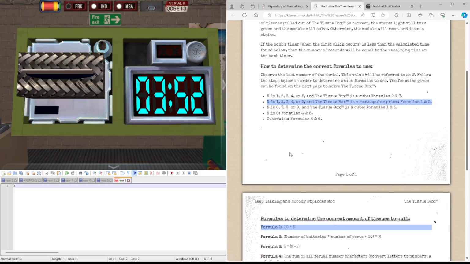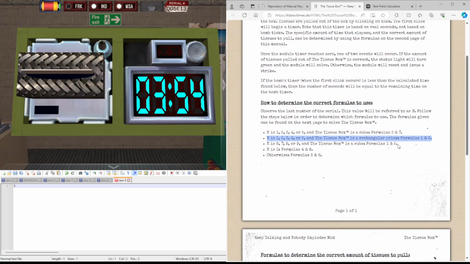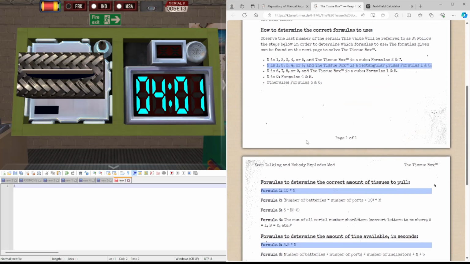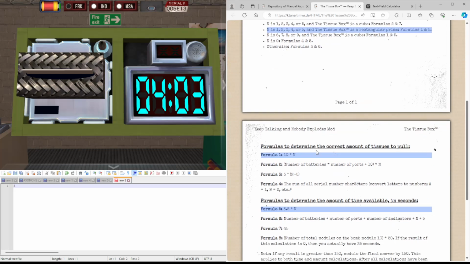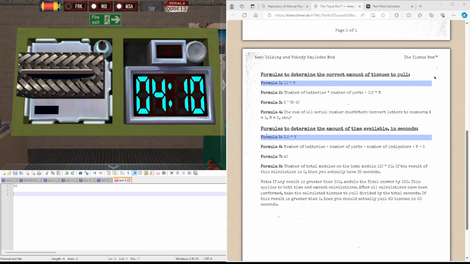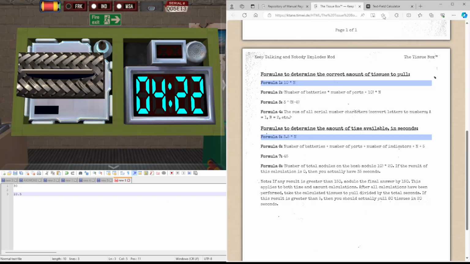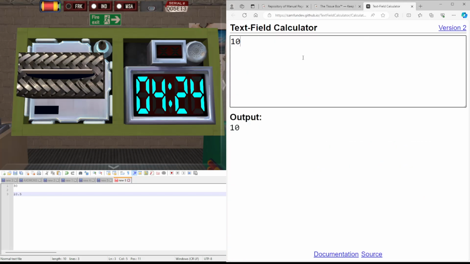So if you use 1 and 5 for both of these conditions, the formula for the amount of tissues is 10 times n, so we could be pulling 30 tissues. And the time we get is 3.5 times 3, which is 10.5. We could check the ratio here, but it's always going to be 10 over 3.5.